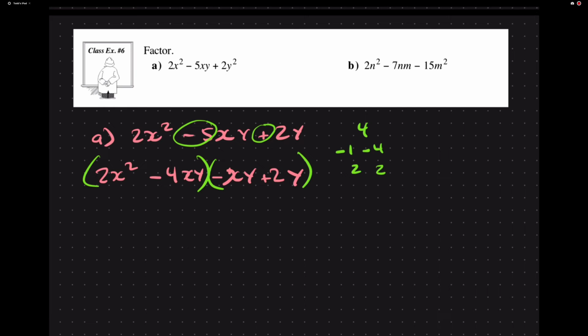In this first one, we're going to pull out a 2 and an x, leaving us with x minus 2y. Again, what does that mean? Well, I need to end up with an x minus 2y. So what did I pull out of here to get an x minus 2y?